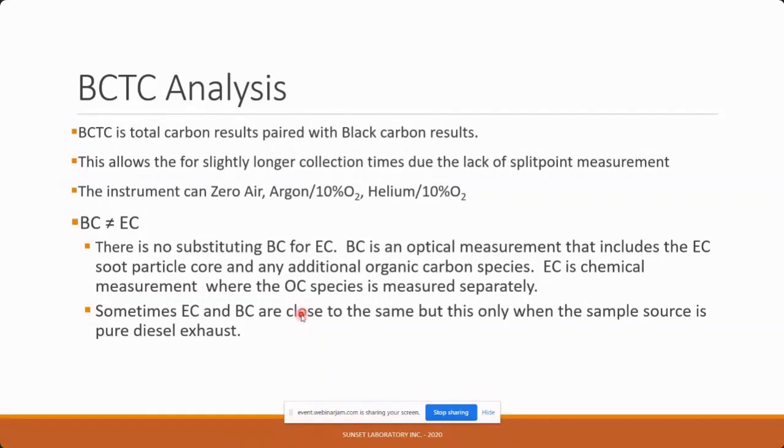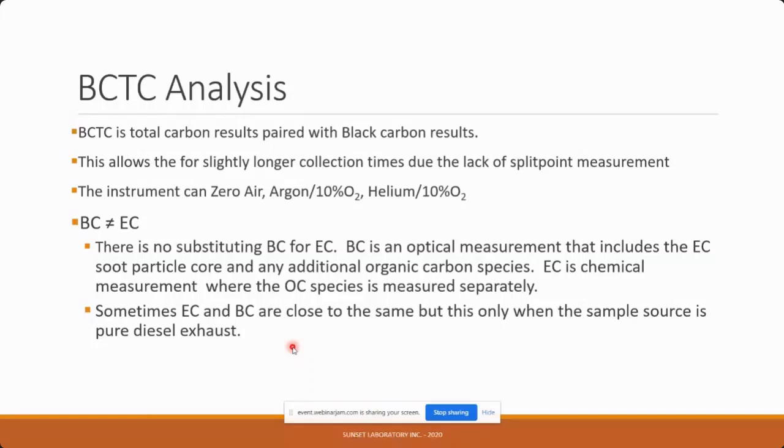We do a lot of work with miners, and so in an underground mine, where the atmospheric air of a mine is closed off to other environmental sources, you do get this pure EC in the sample. And so when you start looking at black carbon and elemental carbon and comparing the two, you would find them to be quite similar.